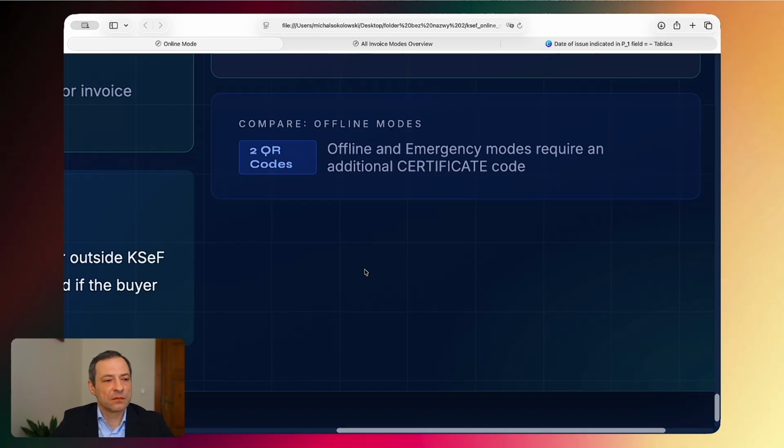Once a visualization in a PDF file is generated out of such invoices issued in the offline modes but already sent to the system, then such invoices, similarly to an invoice issued in the online mode, will also only indicate one QR code, allowing for confirmation and identification of the issued invoice.